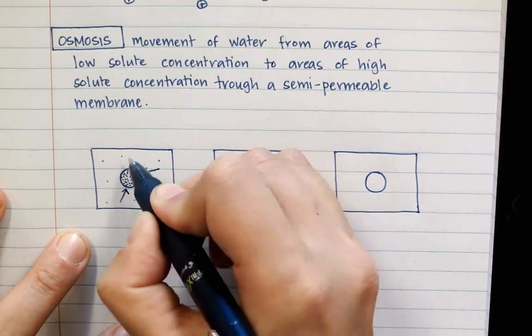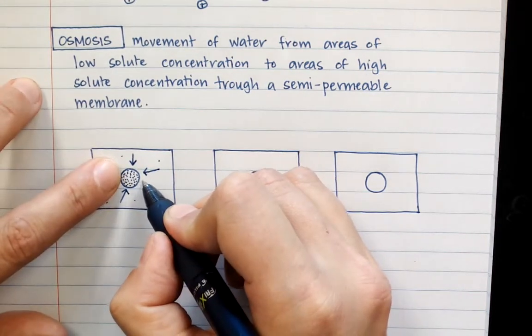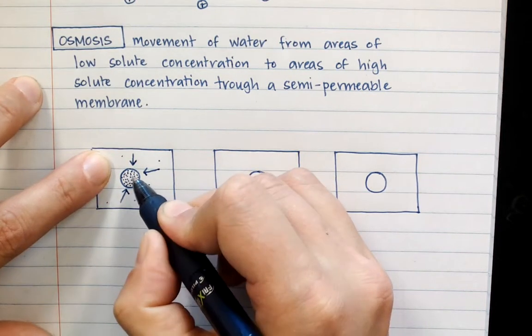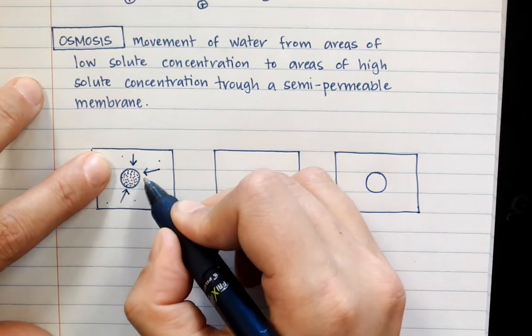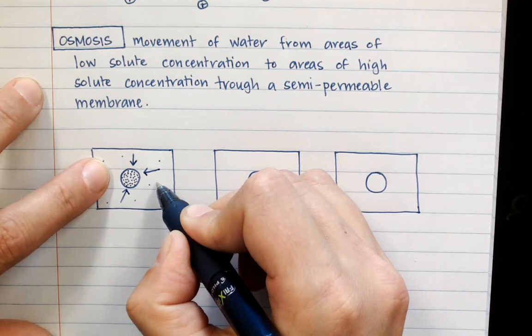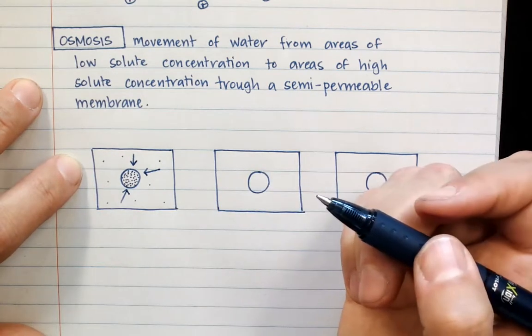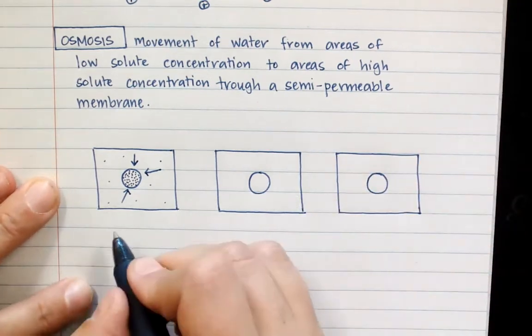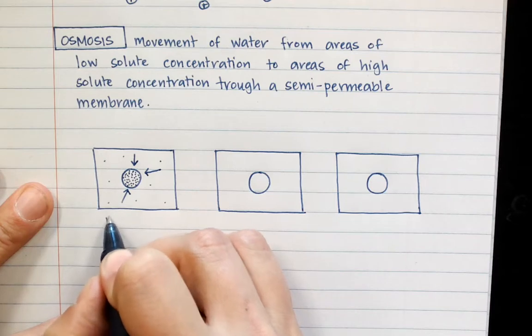Because if the water moves into the cell, then the cell will start to spread out, and there will be more space between these glucose molecules. The cell will be taking up more of this space, which means there will be less space between these glucose molecules, and it will start to even out. So in this case, water moves into the cell.